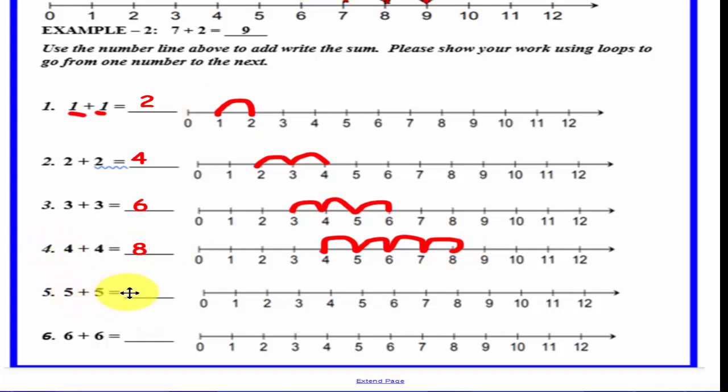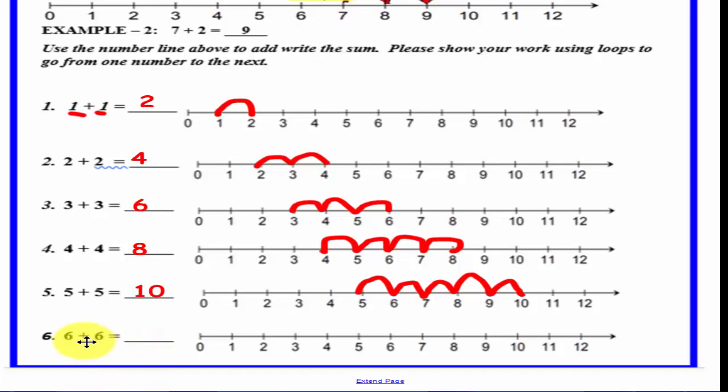Now here we have 5 plus 5 is equal to 10. We start at the number 5 and we have 5 loops. So let's do that. Okay, so here's the number 5. We have 1, 2, 3, 4, 5. So 5 plus 5 is equal to 10.